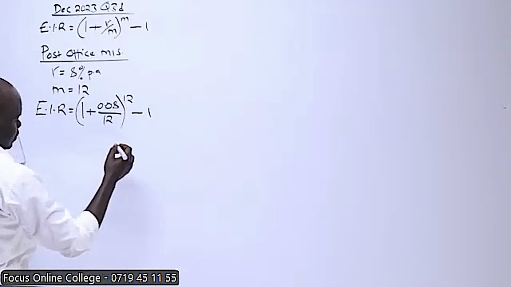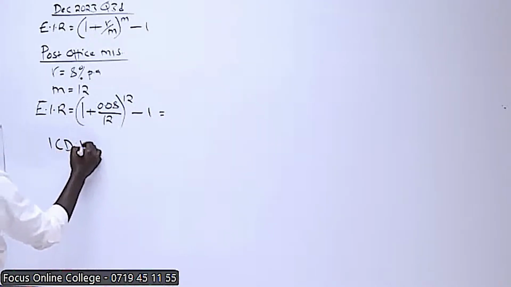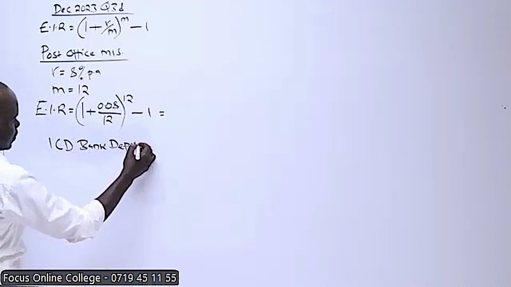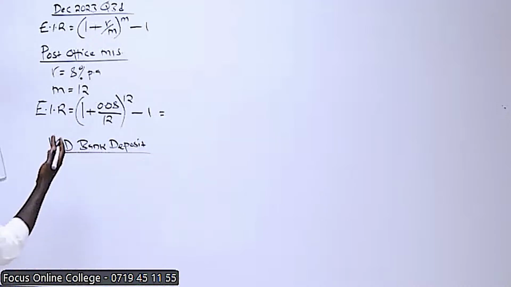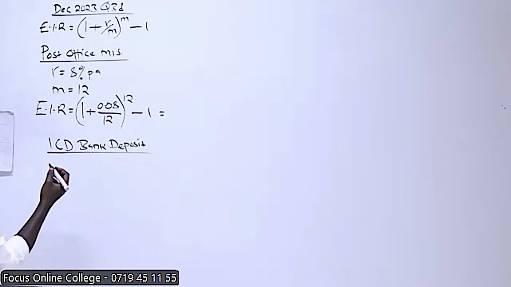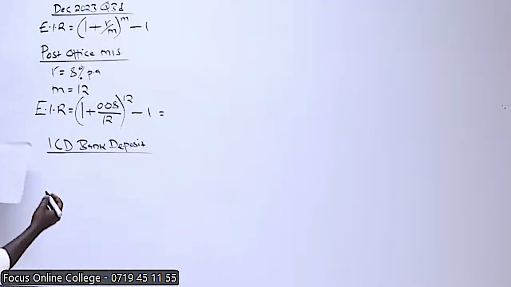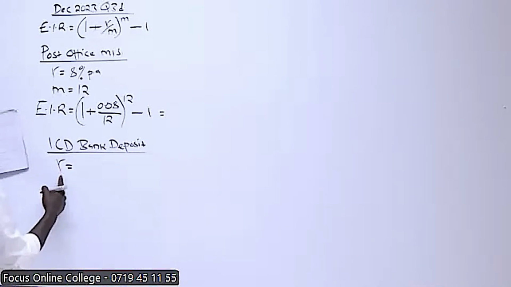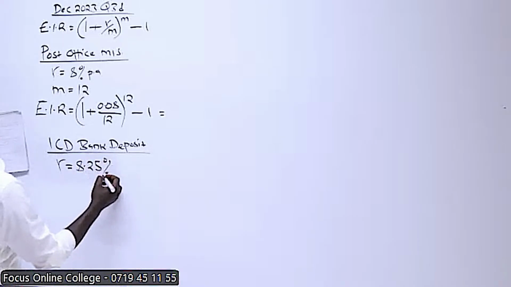So get the effective interest rate here. Then we will go to ICD bank deposit. Let's first write, then we will compute. They're saying quarterly interest, so our nominal rate is 8.25% per annum.